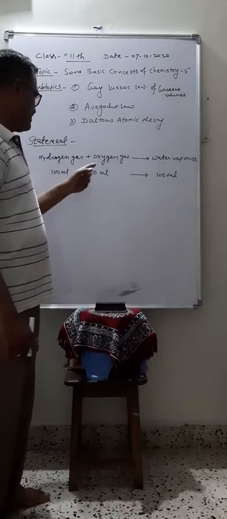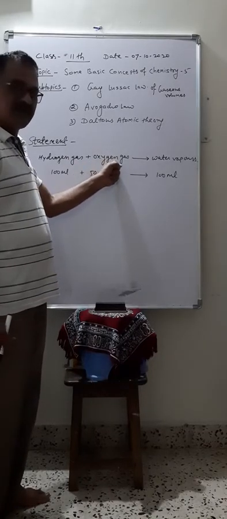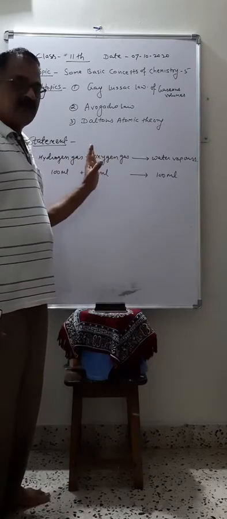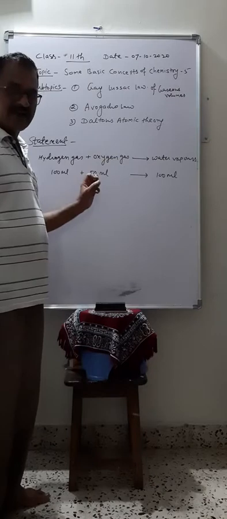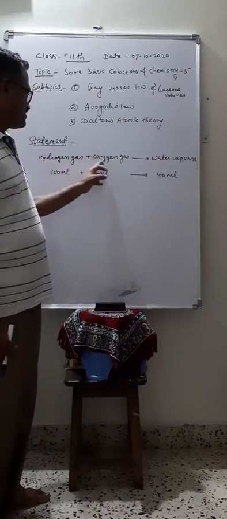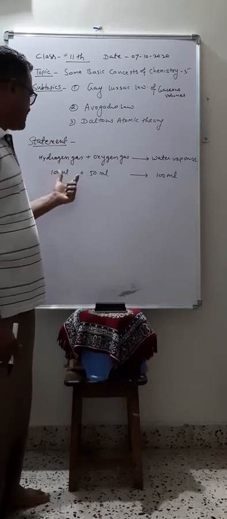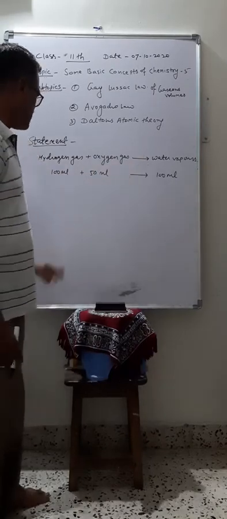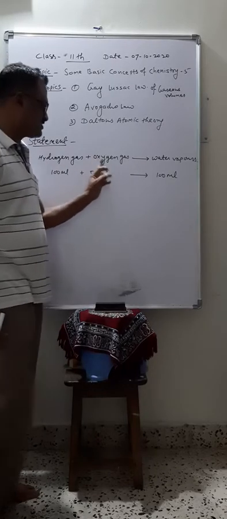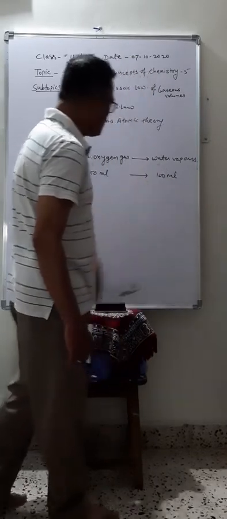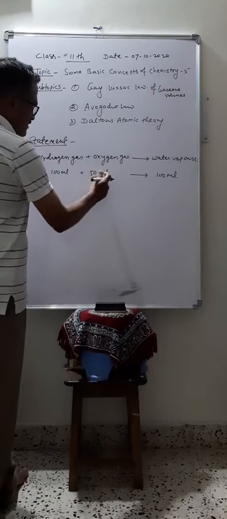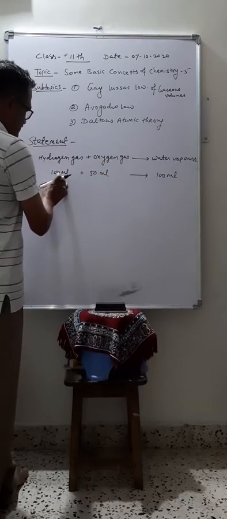Now the condition is that oxygen gas should be completely involved in the chemical reaction. It should not remain unreacted. So when the hydrogen gas combines with oxygen gas and the reaction takes place completely, water vapor is formed. Here 100 ml of hydrogen gas combines with 50 ml of oxygen gas to form 100 ml of water vapor. Now we can say that the oxygen is 50 ml and hydrogen is 100 ml.